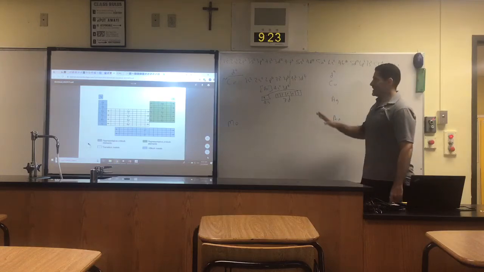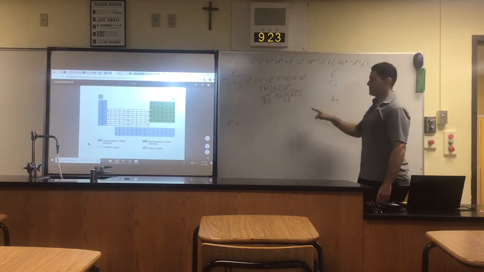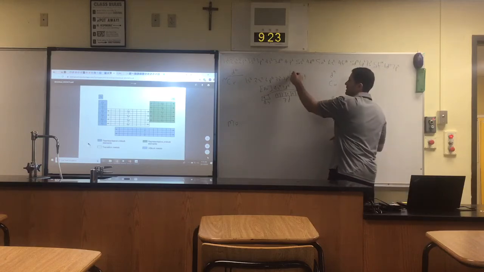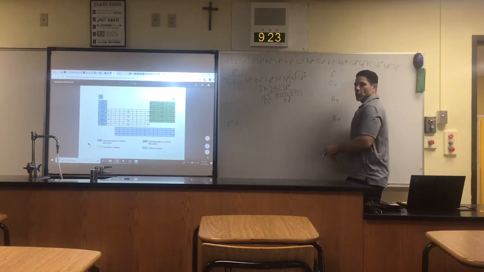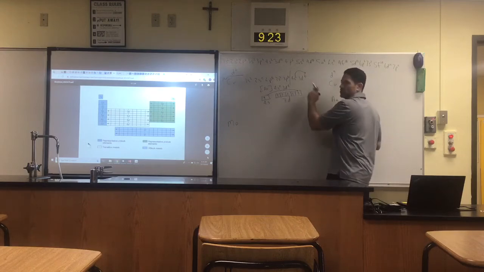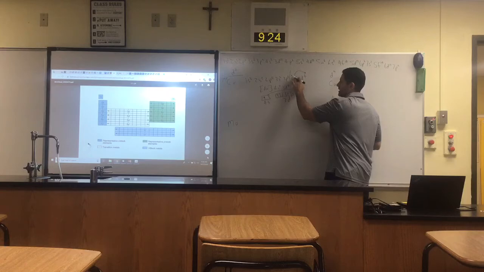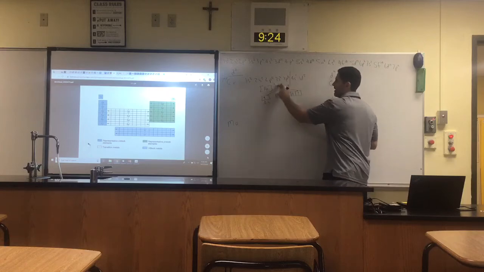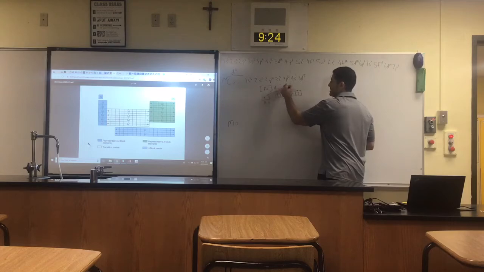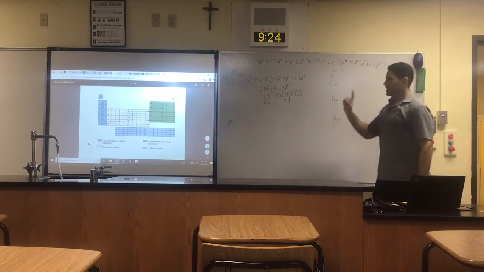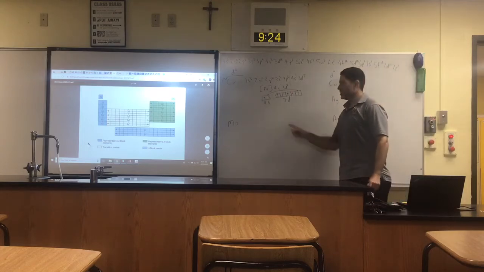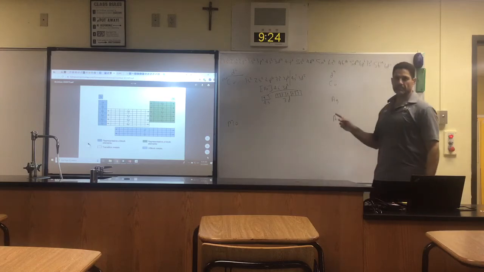So, instead of chromium being like this, the S jumps over here. So the real configuration for chromium, it's not 4s2, 3d4, it's 4s1, 3d5. This is the actual electron configuration for chromium.